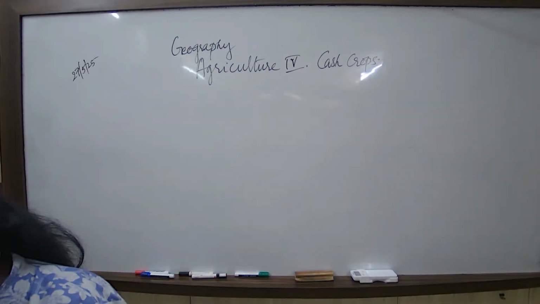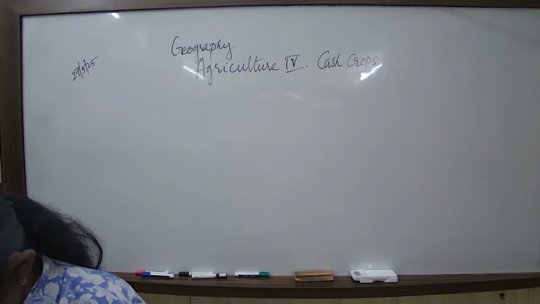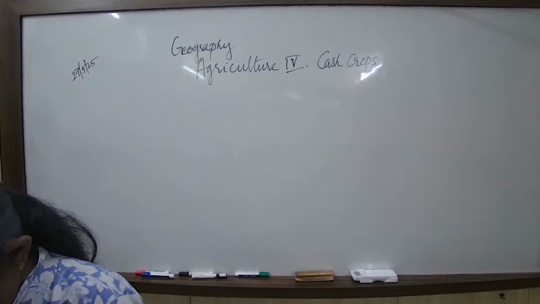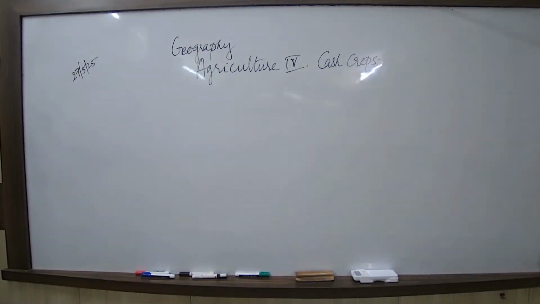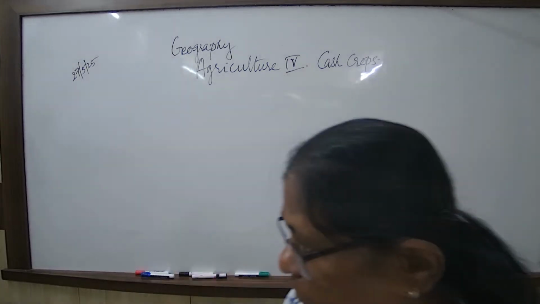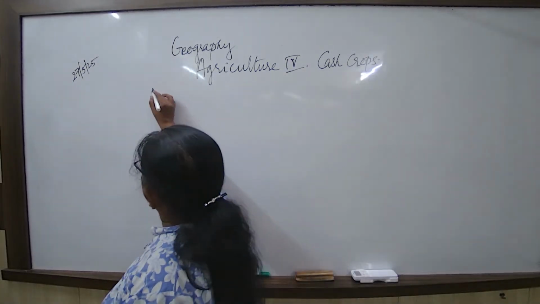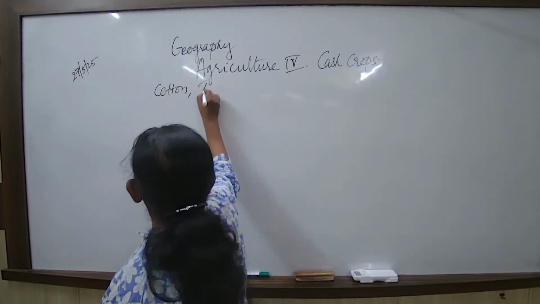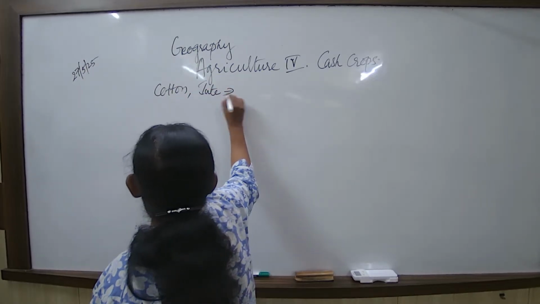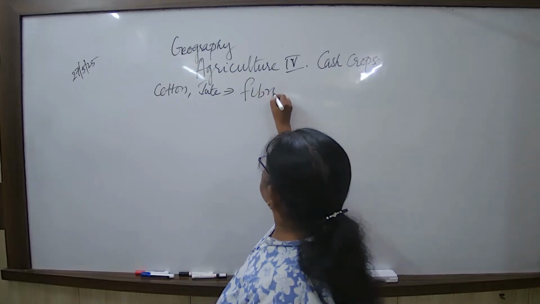Here also we are studying other cash crops. What is a cash crop? Commercial crops. These crops are categorized into two. The first category is cotton and jute. What type of crop is it? It is fiber crops.